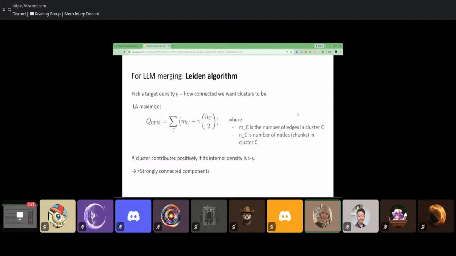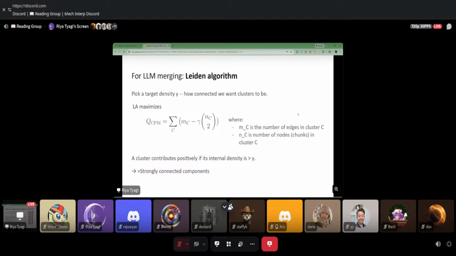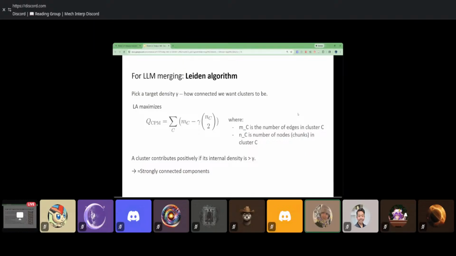It ends up with clusters such that the target density is at least a certain number, gamma. Target density, if you imagine a subgraph with a bunch of edges, is the number of edges present over the total possible number of edges, a measure of how close it is to a fully connected graph.